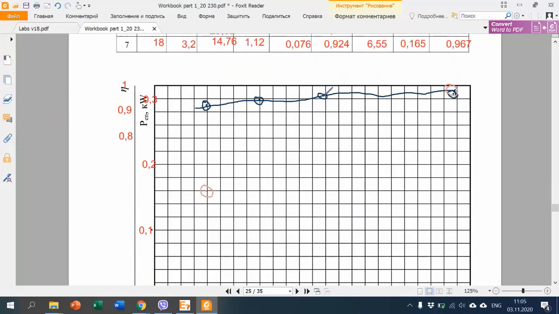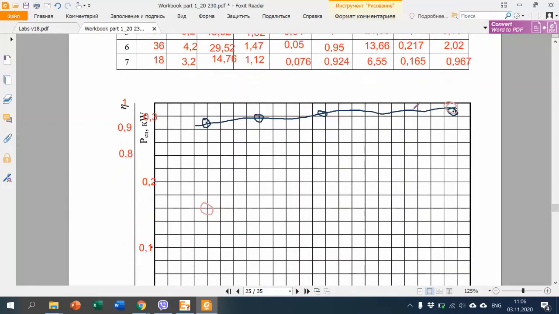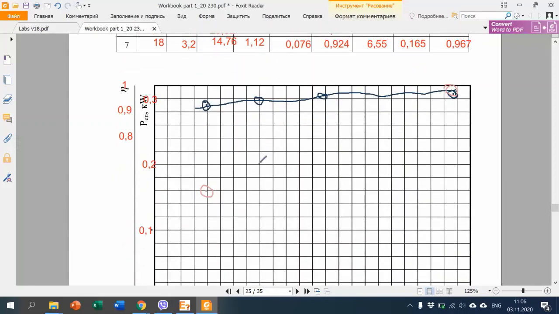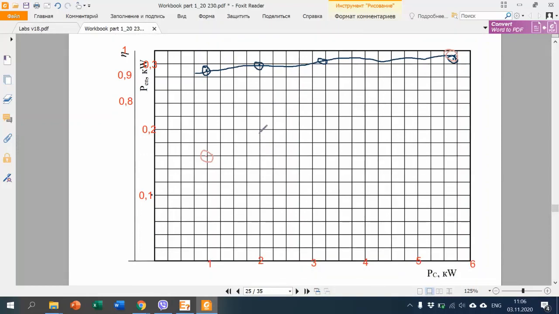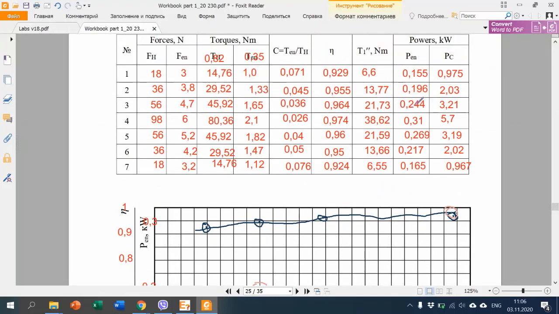Then 2, 0.97, 0.12, 0.2. And third, 2, 4.